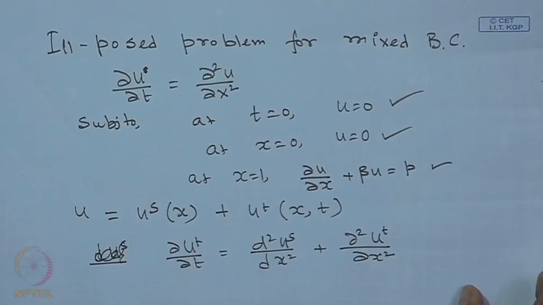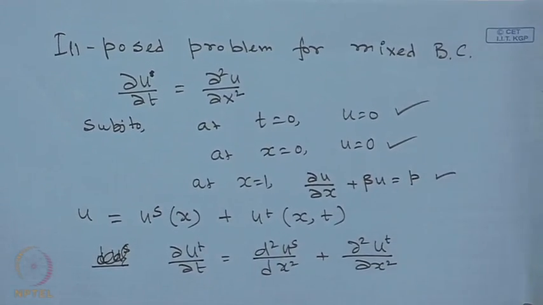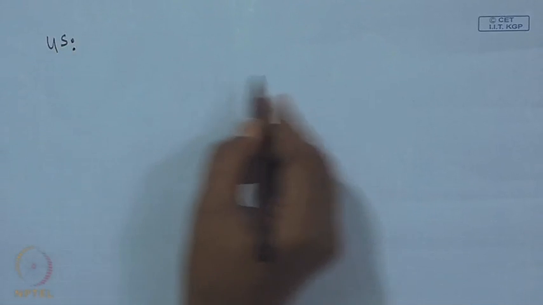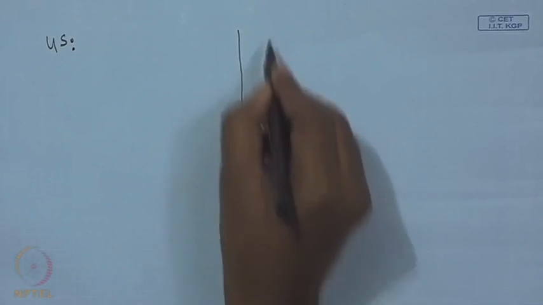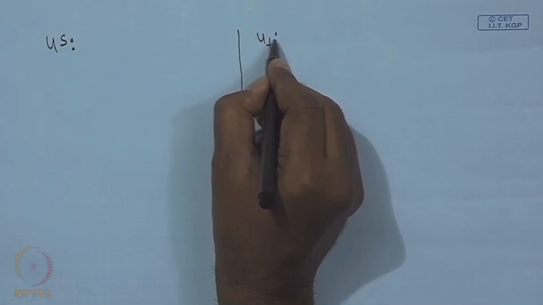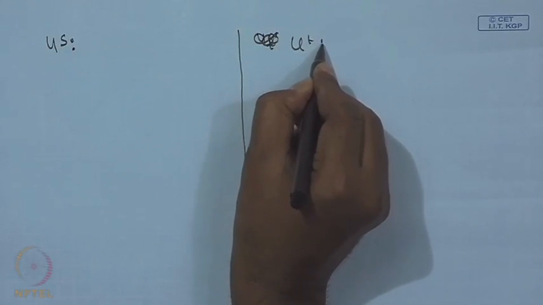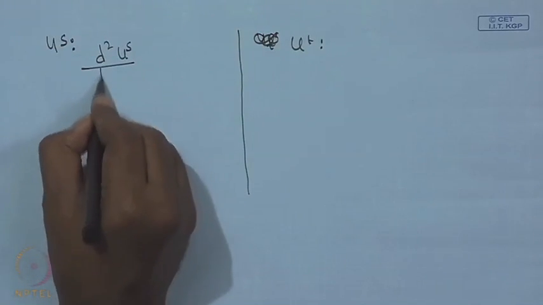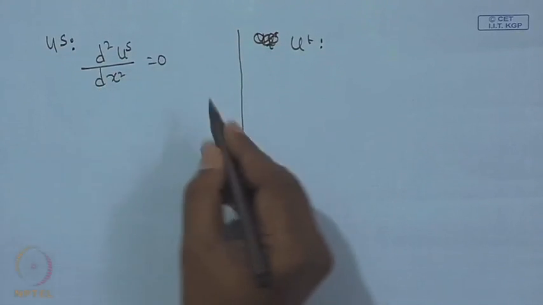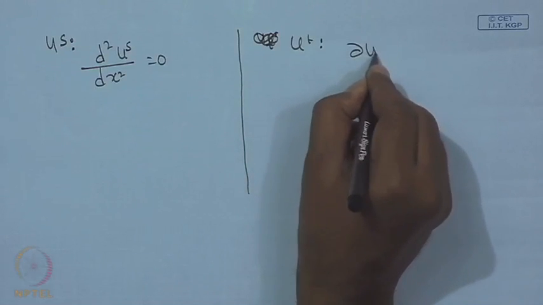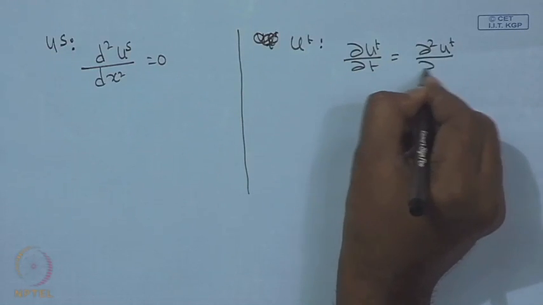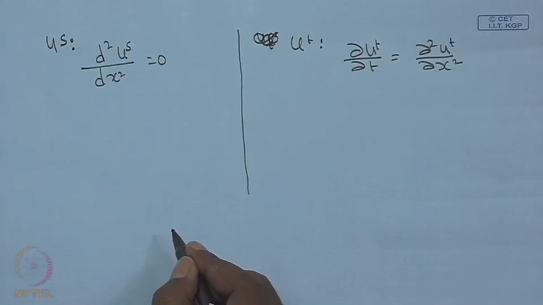So, now we collect the similar terms and get the governing equations of u s and u t. The governing equation of u s becomes d square u s d x square is equal to 0, and the governing equation of u t becomes del u t del t is equal to del square u t del x square.